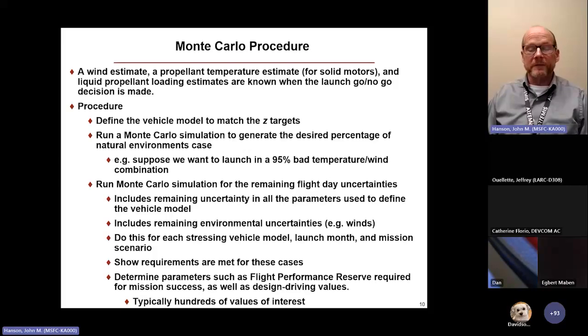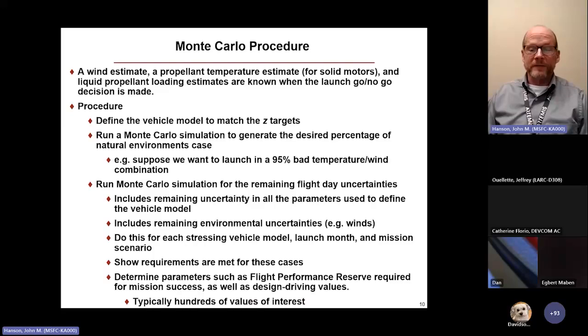So typically we can neck down to only the ones that are most stressing. And for each mission scenario, you may need to cover more than one design reference mission. You want to show that you meet your requirements, and we'll be talking about that in the second part of this discussion. And then you can determine things from that.